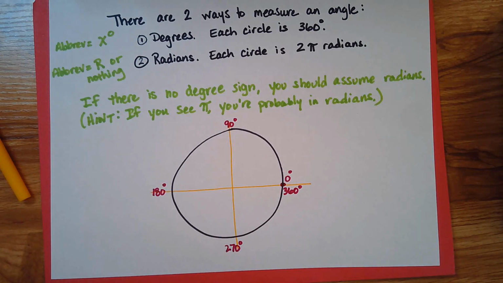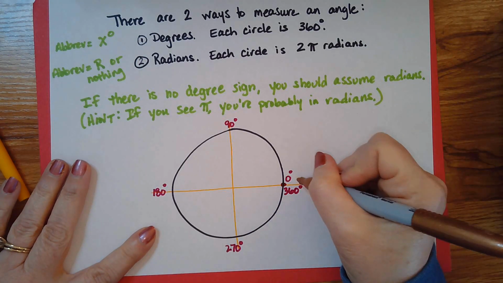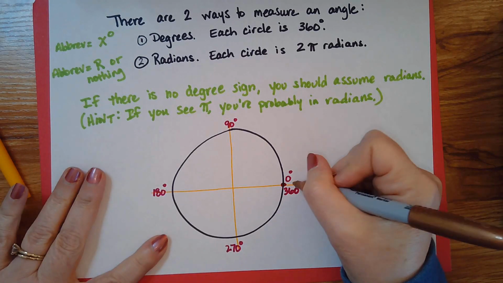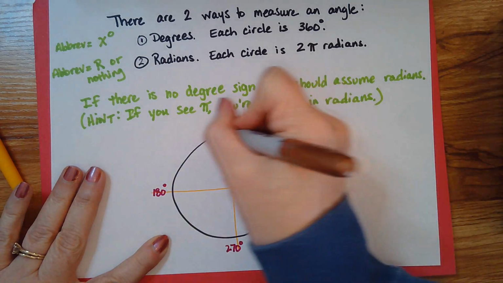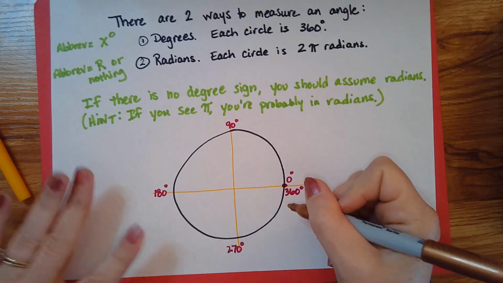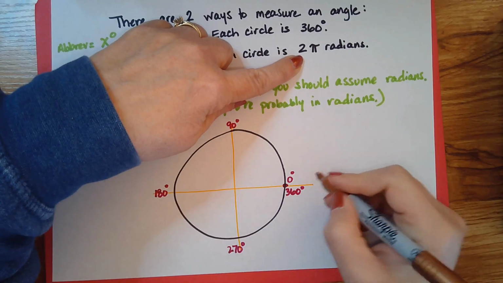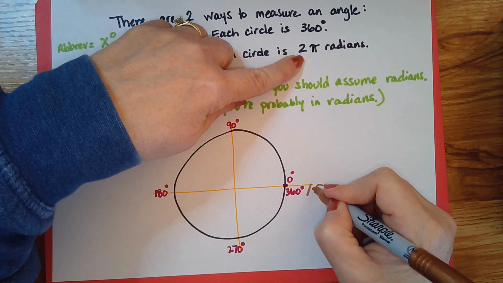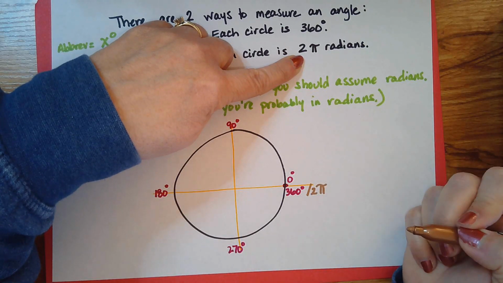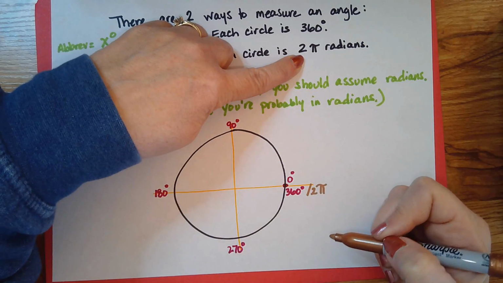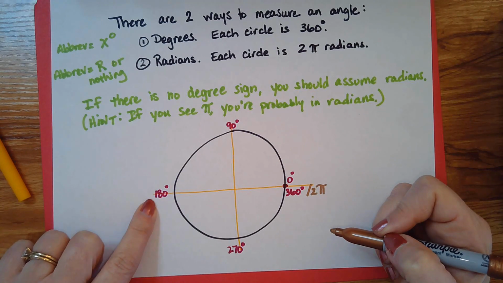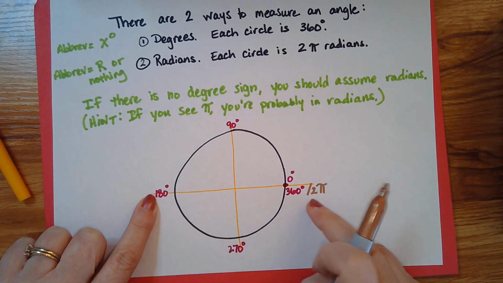Let's take a look at what that looks like in terms of radians. So this is 0 radians still, but we know that if we go all the way around the circle, that is 2 pi radians. That's how far it is all the way around the circle. Halfway around the circle would be half of that.